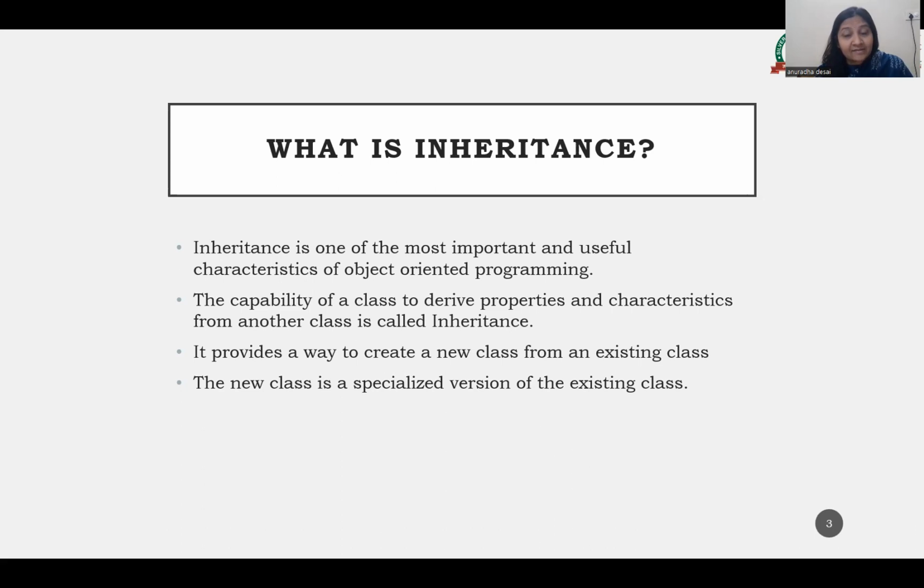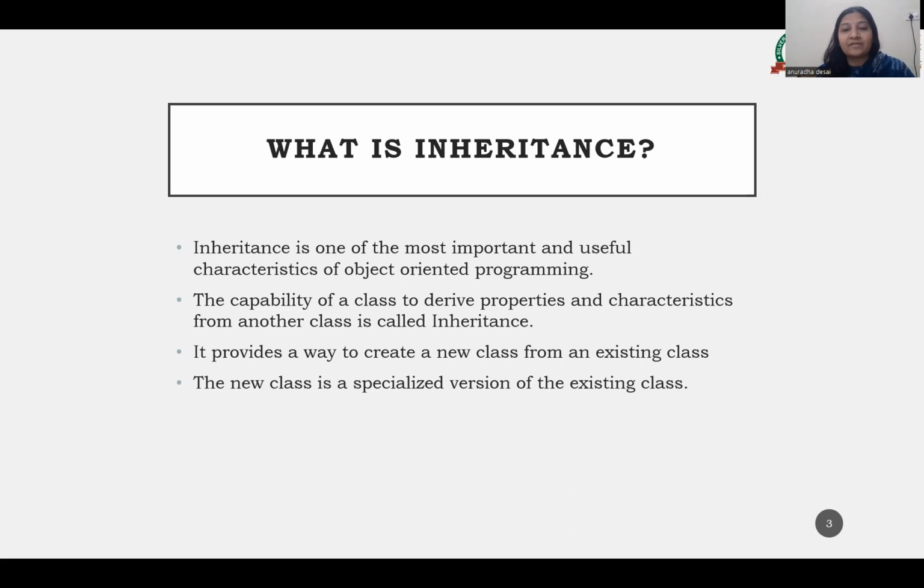The base class properties are inherited by the derived class, and it may also add some new features of its own. These new features in the derived class will not affect the base class. The derived class is the specialized class for the base class.